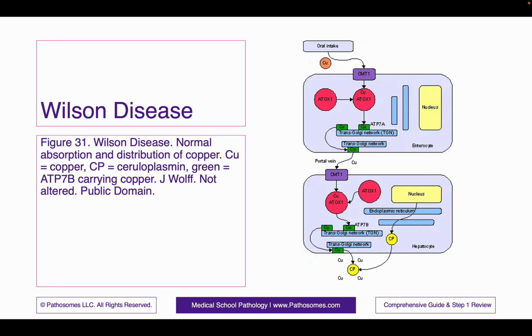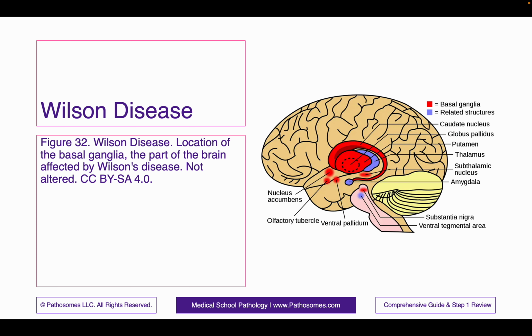Remember, though, the ATP7B is the deficiency that you must be aware of. And in Wilson's disease, remember that the basal ganglia are affected.